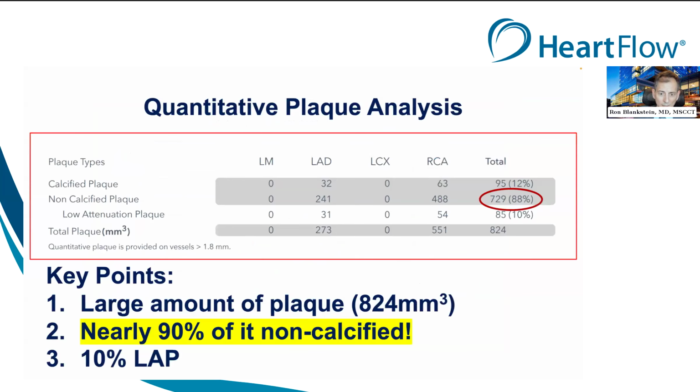But not only is the amount of plaque high, I think the other very interesting point here is that 90% of this plaque is non-calcified. We are always interested in who are the patients who are more likely to have non-calcified plaque. And probably the reason why this catches a lot of attention is because this is the type of plaque that's more modifiable. It's a type of plaque that perhaps we can regress with our therapy.